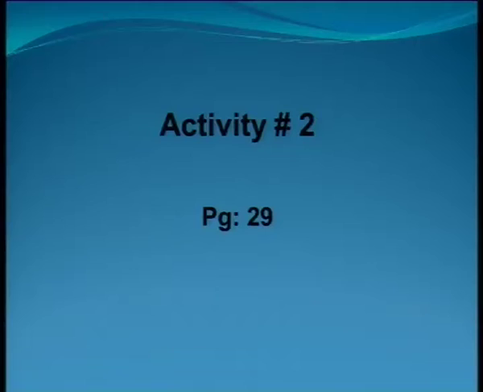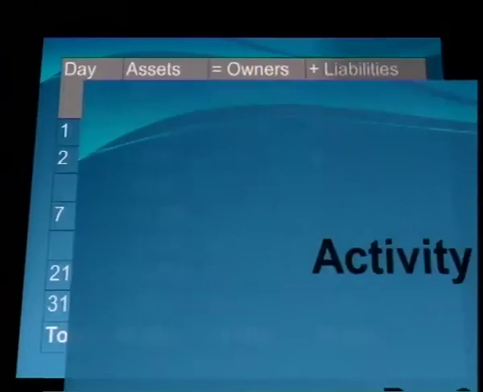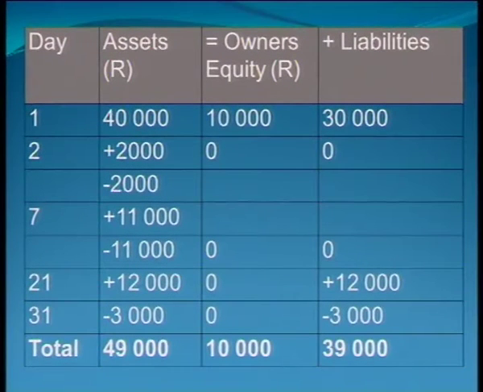Let's move on to activity number 2 on page 29. You were required to show the effects of assets, owner's equity, and liabilities on various transactions. Let's look at transaction number 1 in your book.